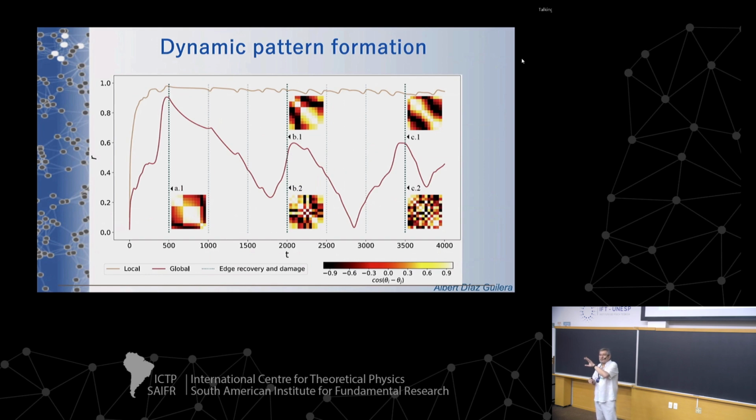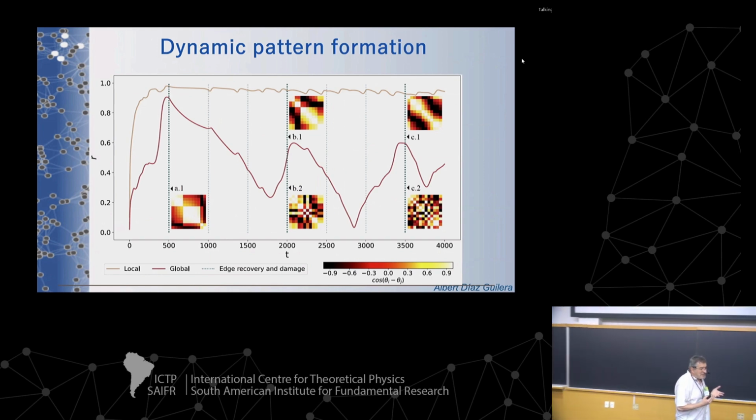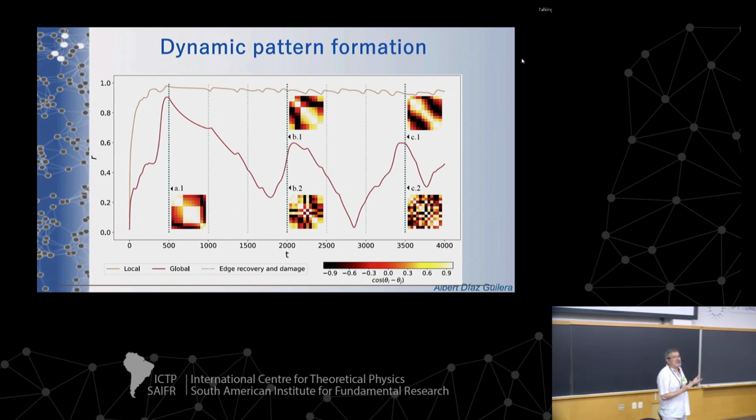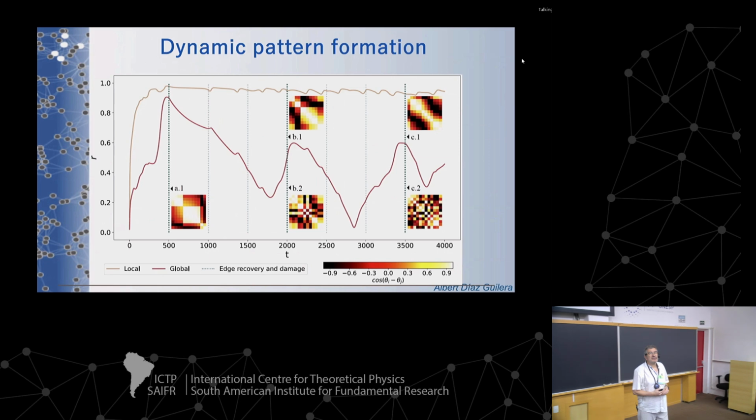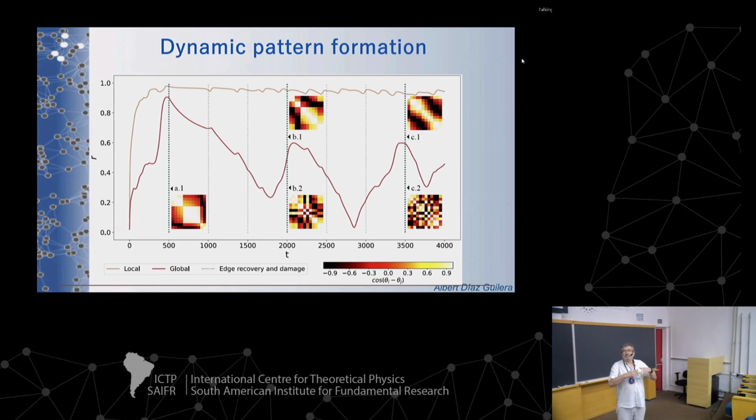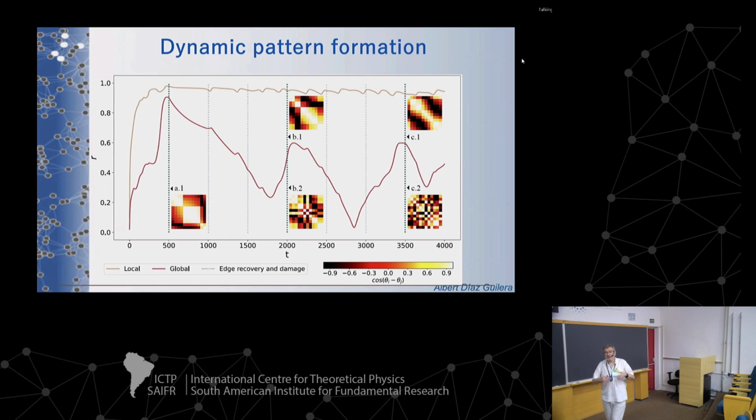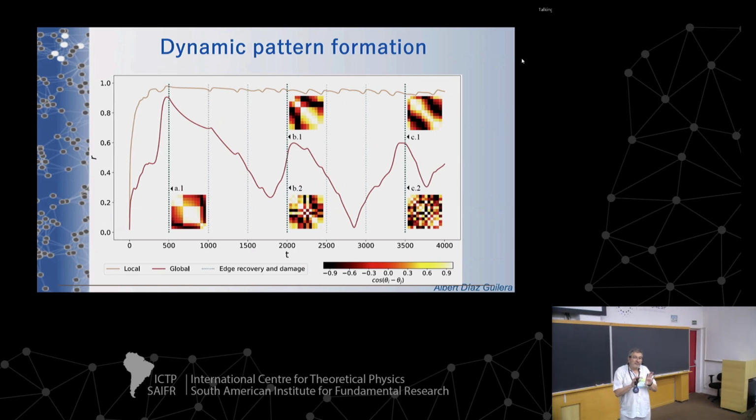I think this is one of the keys, according also to what Ulrike has been teaching us all these days, that these systems are interesting if you have transitions between different patterns, because of life. If you have a single pattern, life is very boring, right? It's much more exciting if you have different states and can move from one to the other. And of course, we have to understand very well which are the transitions between these states.